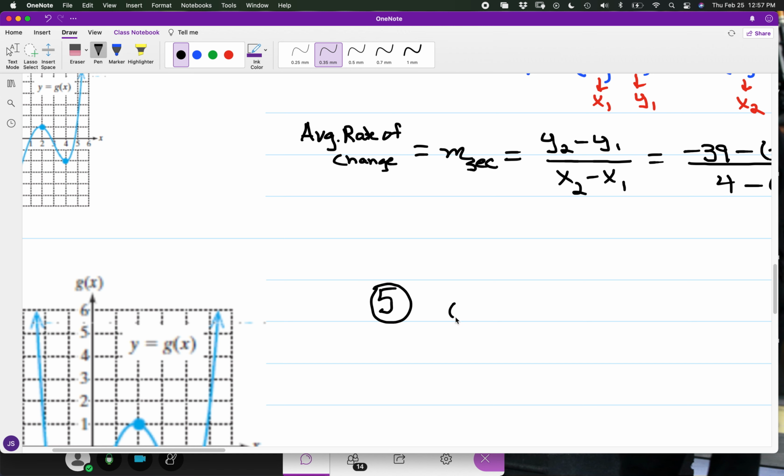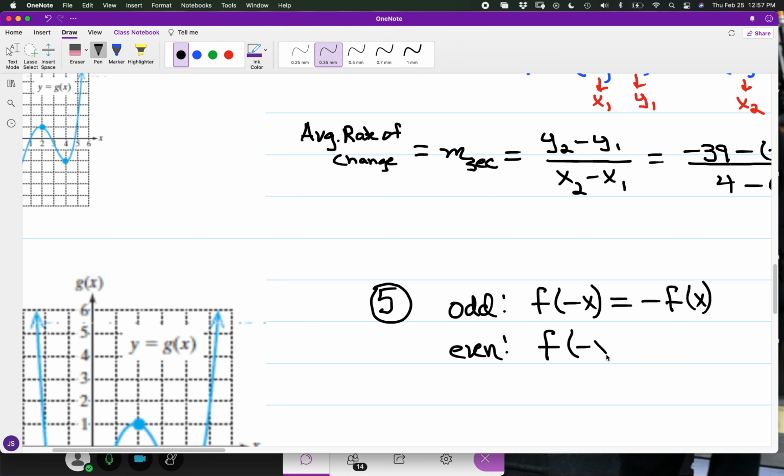Now I'll just mention again, in the case of an odd function, remember, opposite sign inputs will lead to opposite sign outputs. And in the case of even functions, opposite sign inputs will still lead to the same outputs.